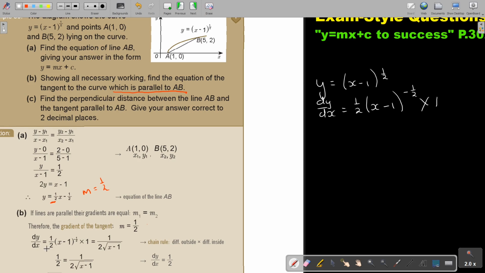This is exactly what stood there. Then you can simplify it by taking it down, and this is what I got there. Let's just go on again.